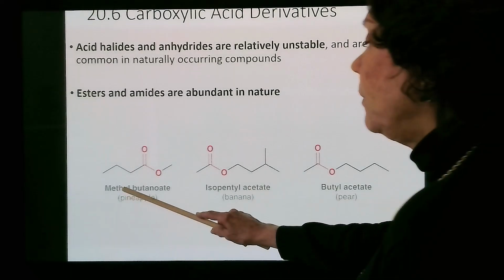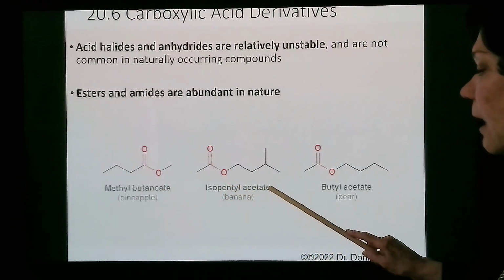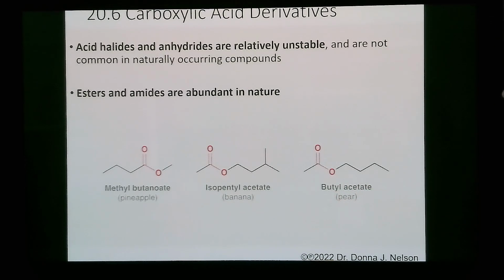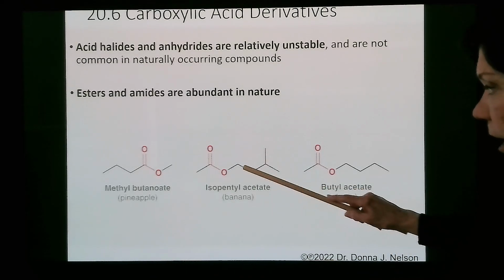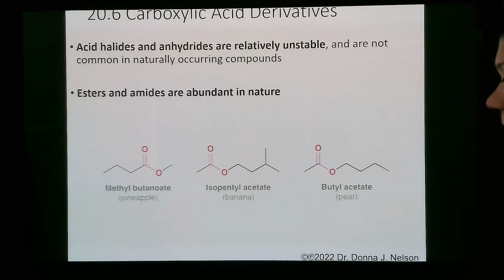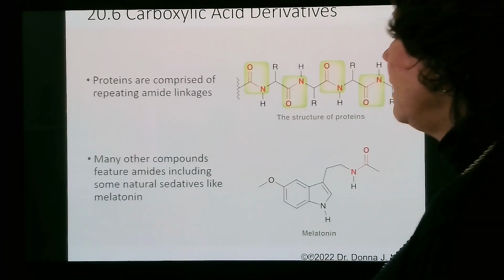So, for example, methyl butanoate smells like pineapple, isopentyl acetate, banana, butyl acetate, pear. This is certainly the common name here, isopentyl. So not the IUPAC name by all means.